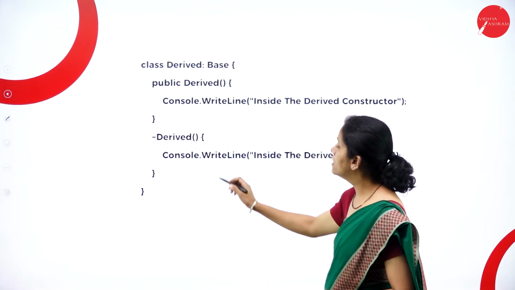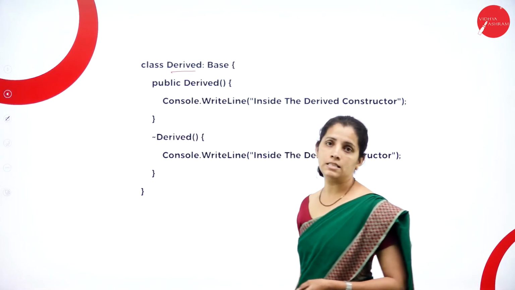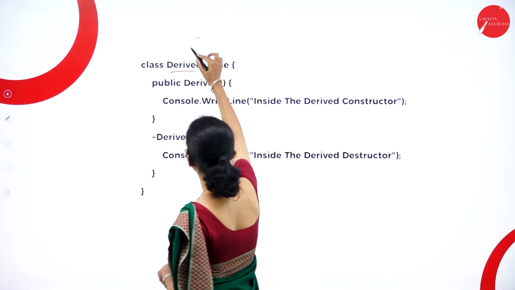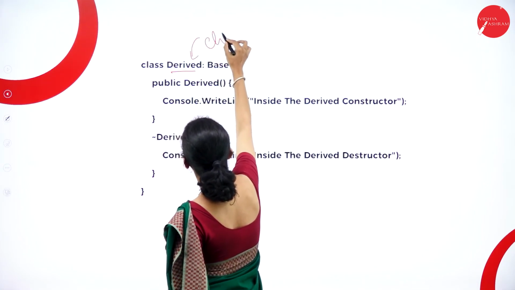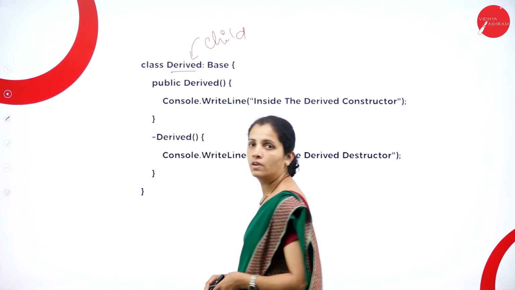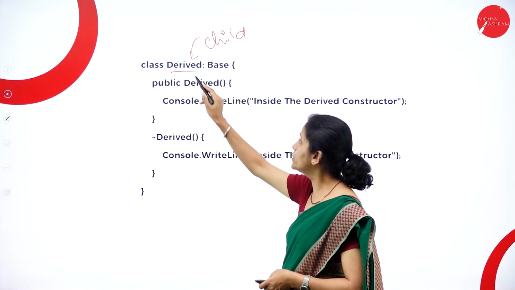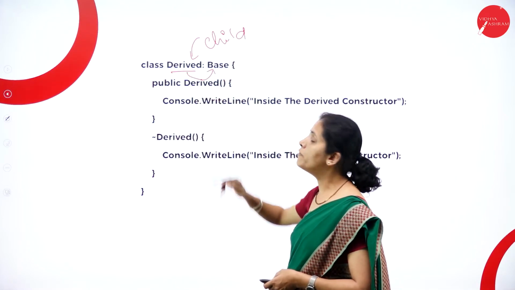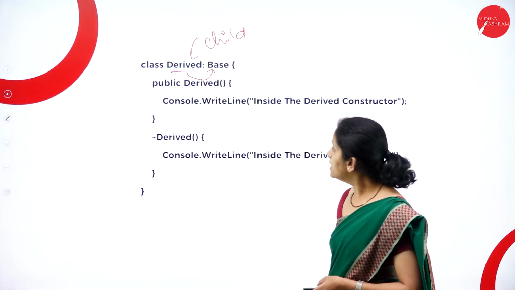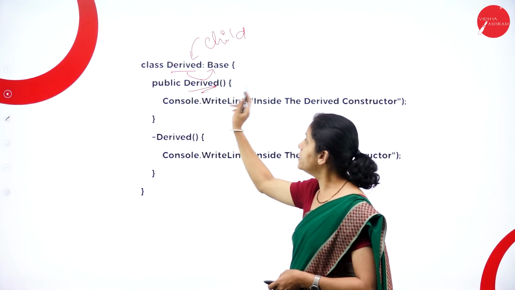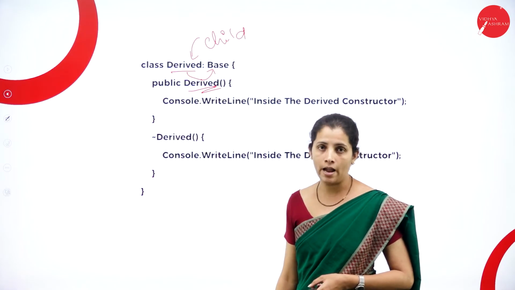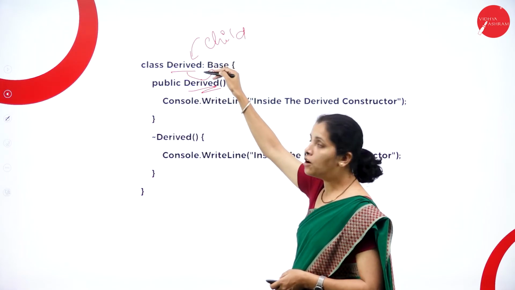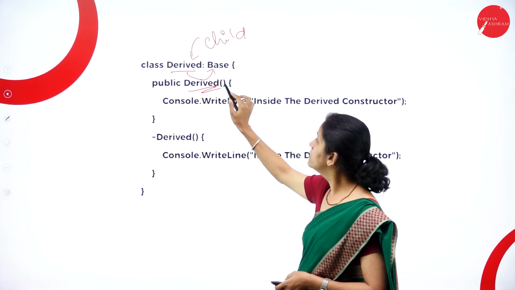Now, see here, I have the derived class. This is nothing but the child. And this child is going to acquire the properties of the parent class. Now, I'm going to have the function called derived.